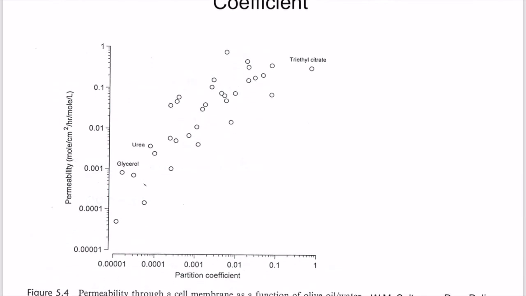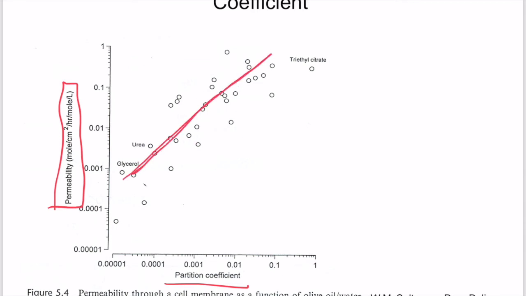Okay, this is the partition coefficient here, and how the permeability is dependent upon that. This is a log-log plot, and it's pretty much a straight line. And the partition coefficient was the thing we went to look up in the table, based on this substance and this membrane and how fast the two interact with each other.